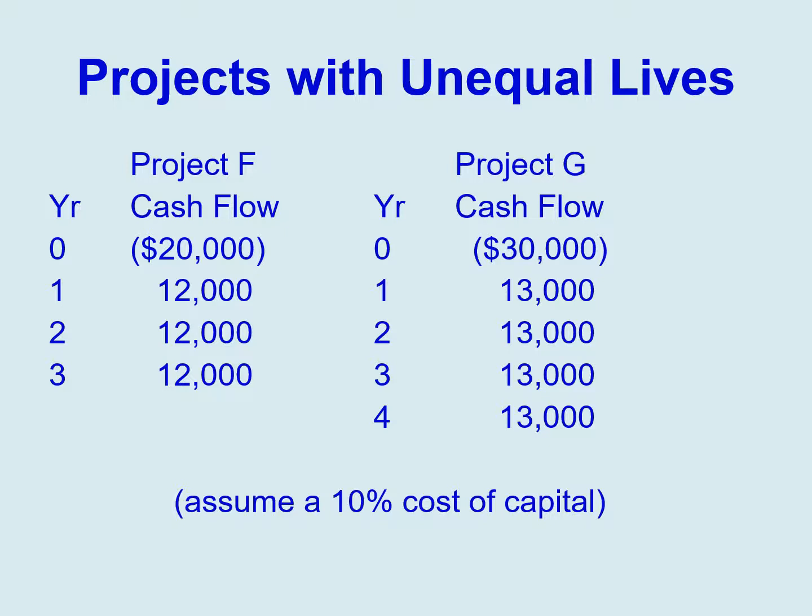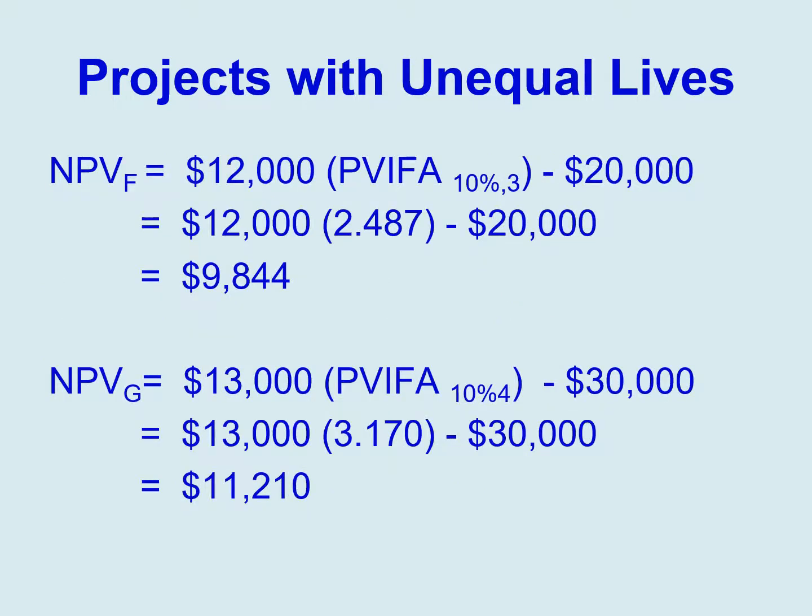But if you could possibly reinvest in each of the 2 projects, then a mere comparison of the net present values is unfair to Project F, because you would basically be assuming that Project F has 0 cash flow in year 4. So let's look at the raw unadjusted NPVs for Project F and Project G. Since the $12,000 represents an annuity, I use the present value interest factor of an annuity at the cost of capital, and we receive that annuity for 3 years.